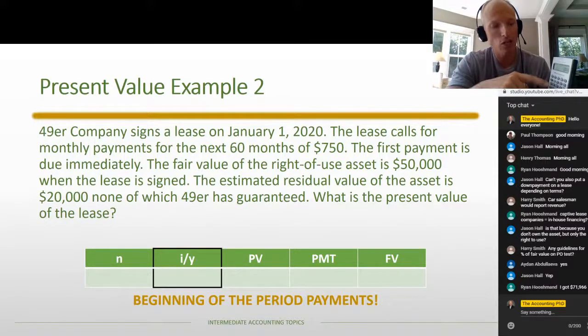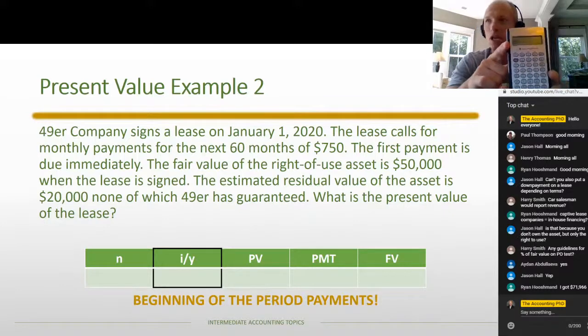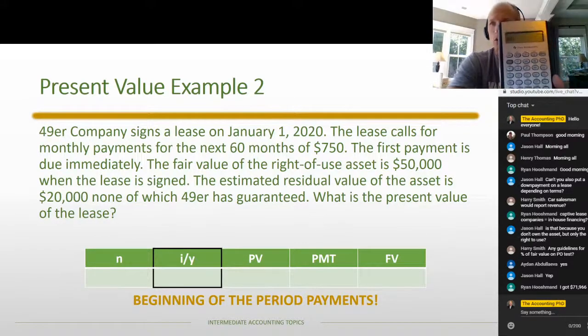And so the way you change that is you hit your second button, and then you hit that payment, which is the BGN, and you notice that right now it says END. It should say END on your calculator right now. If I want to change that, I hit the second button again, and I hit enter. And now it says BGN. So to change the setting, it's second payment, second enter.